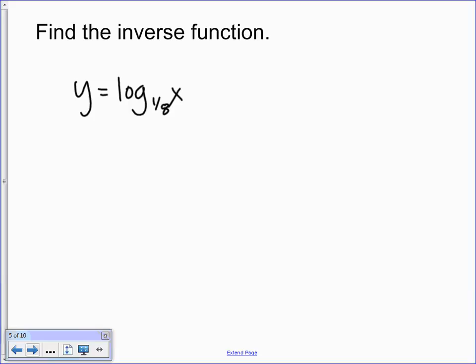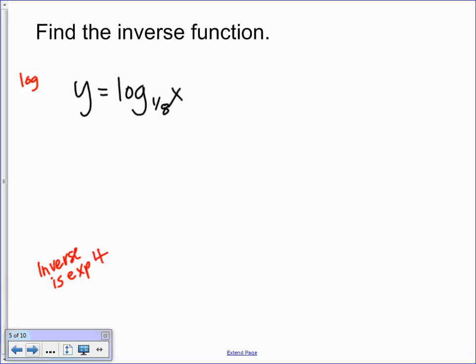Okay, remember that you can take a step back from your problem. You can just look at it right at the very beginning. You notice this is what type of function? A logarithmic function, which means that when we find the inverse, we're going to have to switch it out of log form and into exponential form. So I know the inverse is exponential.